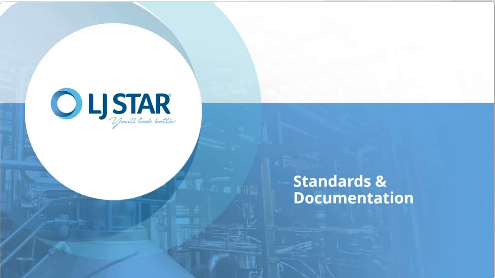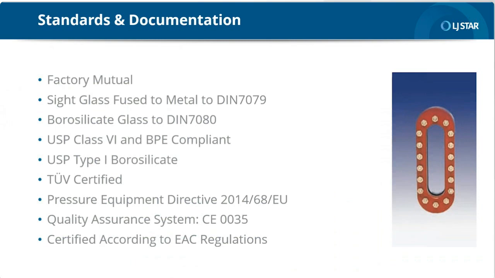One last selection tip: standards and documentation. When you buy a sight glass, ask the supplier to supply documentation that meets all applicable standards for performance and safety. You might be surprised how many suppliers cannot back up their claims.